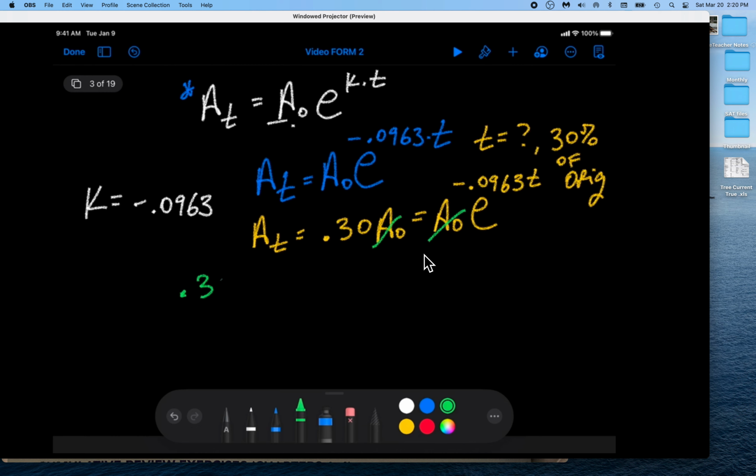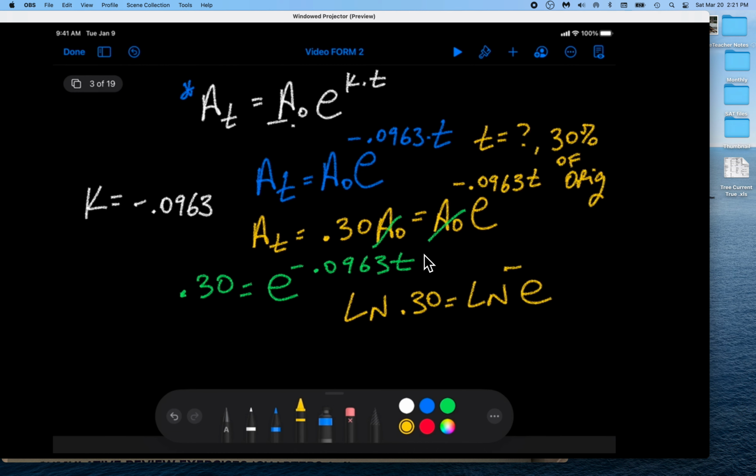Now we have 0.30 equals e to the negative 0.0963 t. We take the natural log of both sides. Natural log 0.30 equals natural log of e to the negative 0.0963 t.